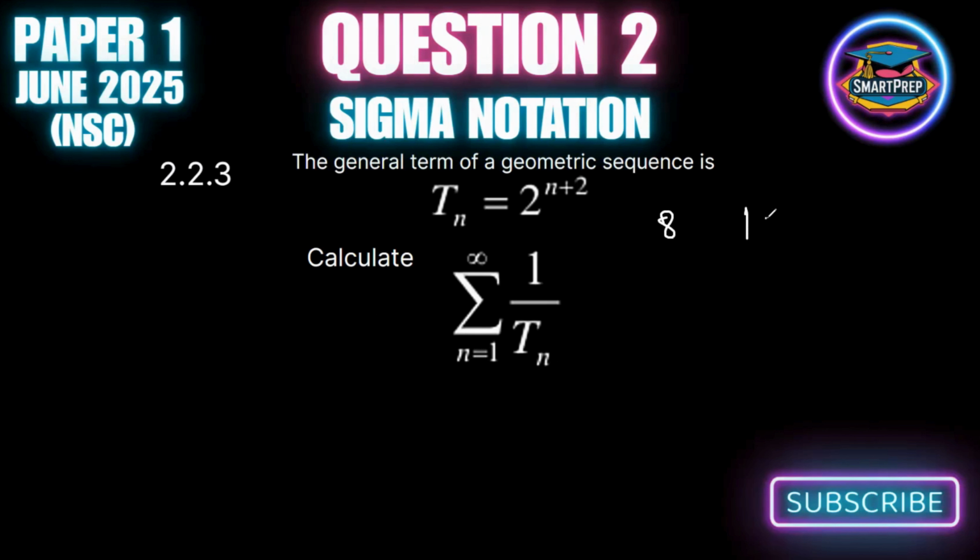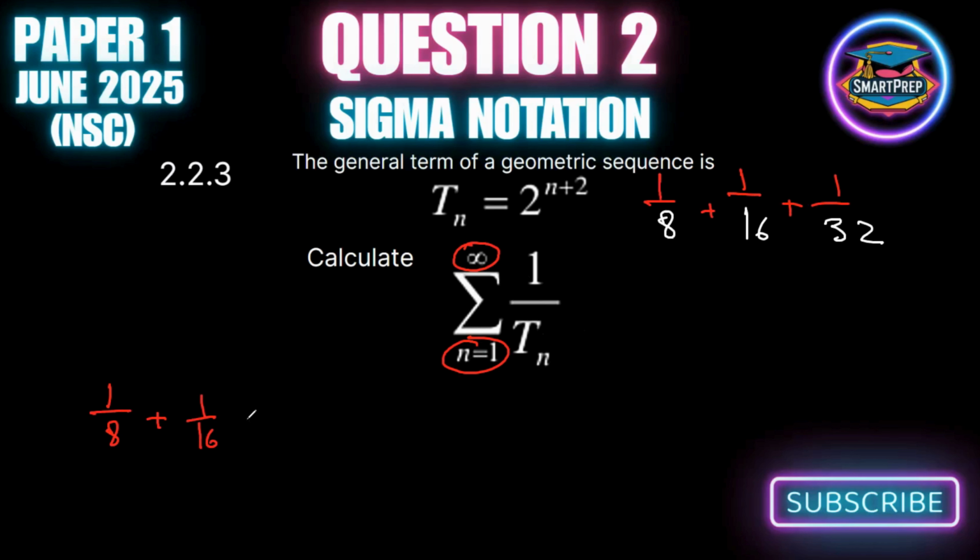We know the next one is 16, and the next one would be 32 if we doubled it. What this sigma thing means is that we go from 1 all the way to infinity. And so we take the first term, 1 over Tn is going to be 1 over 8. Then it'll be 1 over 16 and 1 over 32, right?